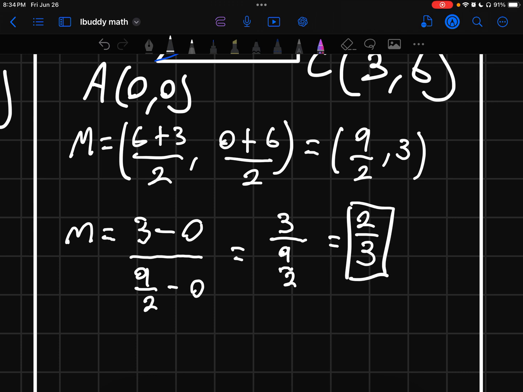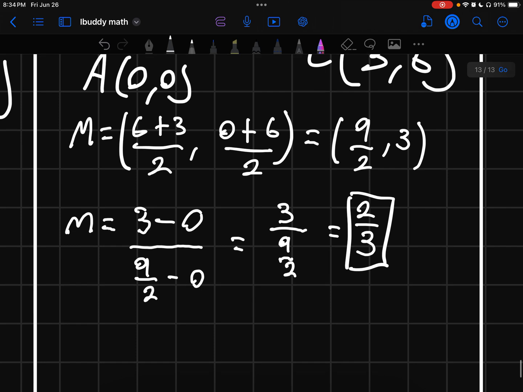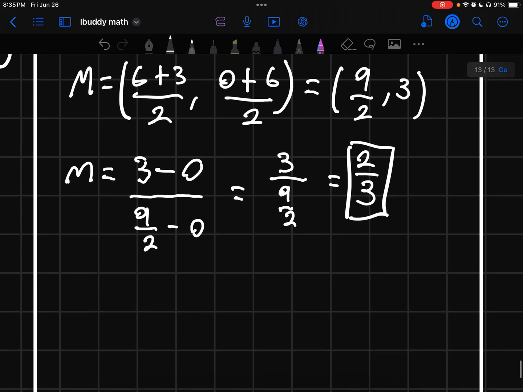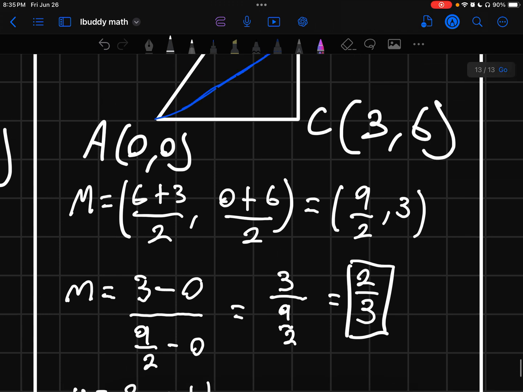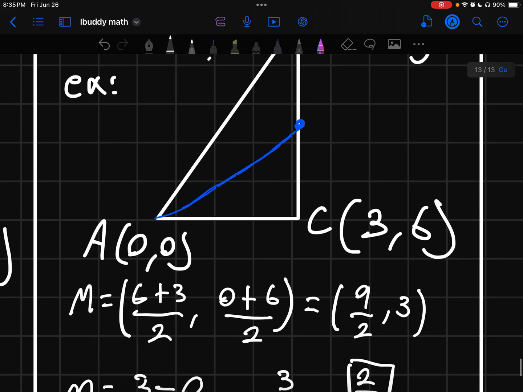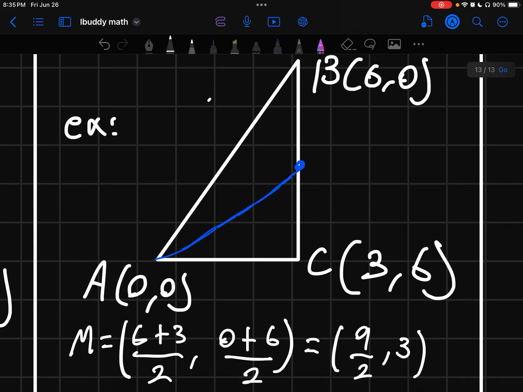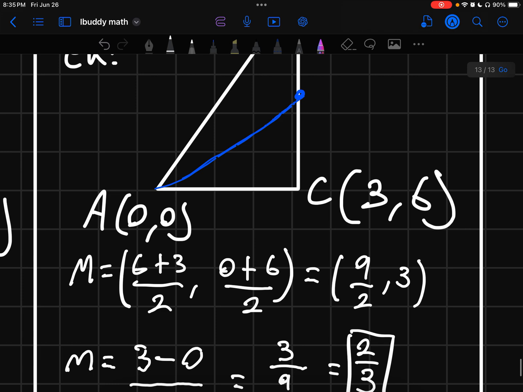So now that we have that, we can substitute that into the equation, and y is equal to 2/3 x plus b. Then we have to find the b value. We can just plug another point in. Here I think we have to plug in the vertex actually.